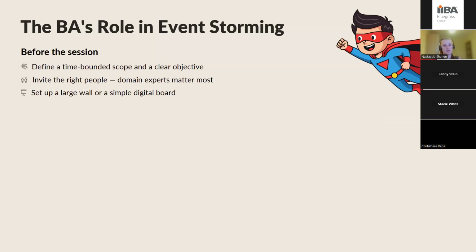As you can see, before the session, we are involved in defining the scope, identifying the specific process we want to explore, maybe first identifying and then inviting the right people, and preparing the board and the notation. When I say the board, maybe it's an in-person event, if someone is lucky and has the luxury of having everyone meeting in person, or just setting up the digital dashboard and presenting the notation, the color-coded cards, and explaining what they mean.